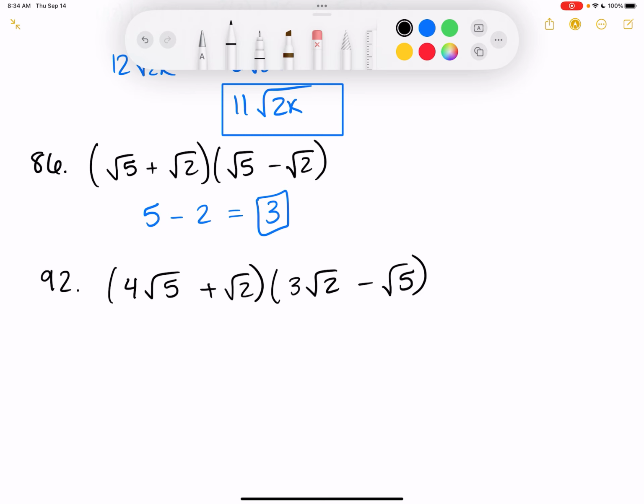But when we're adding and subtracting, they have to be the same to add them. So on this one, we're going to start with foiling. This one isn't a special type. So this is going to be 12 square root of 10. We multiply what's outside, multiply what's inside, and keep it in the radical.